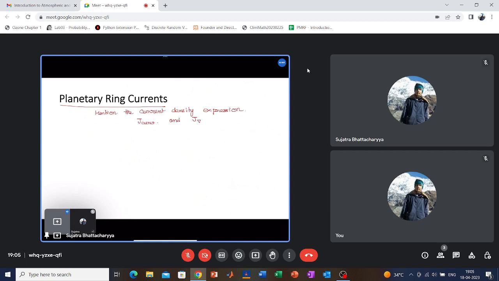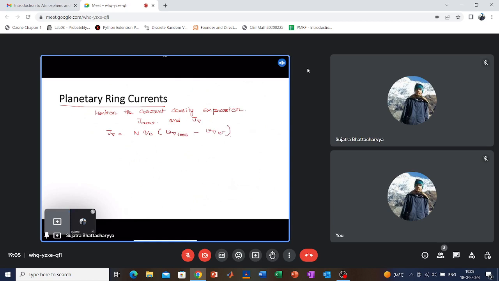Therefore this J of grad is actually given by N Q_E into V of grad, this is the drift velocity for the ions, minus V of grad of the electrons.